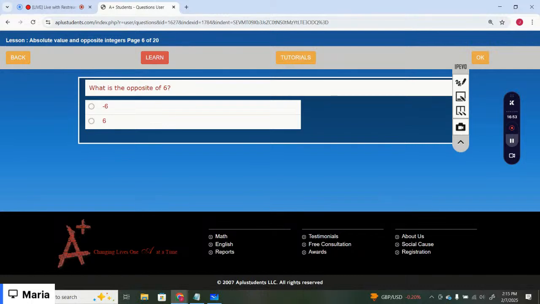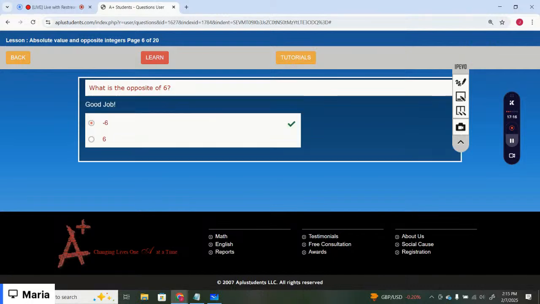What is the opposite of 6? Opposite of 6 is negative 6. Option number 1 is the correct option.